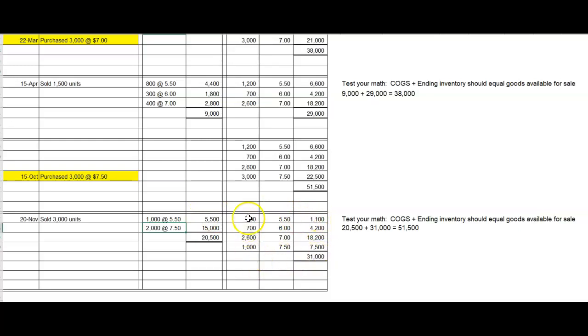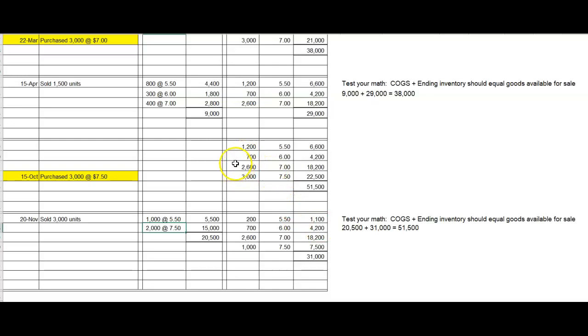The inventory that we did not sell: we sold 1,000 from the beginning layer. We had 1,200 available. We sold 1,000 of them. Leaves 200 not sold. 200 times $5.50 equals $1,100. We did not sell any of this layer, so that full layer is put here.